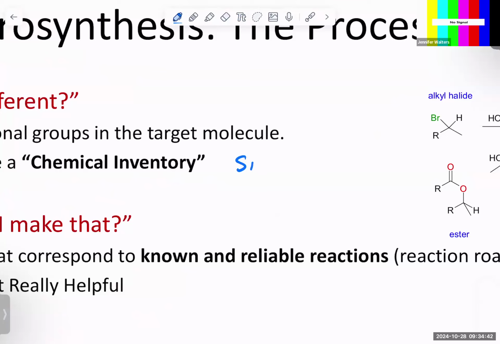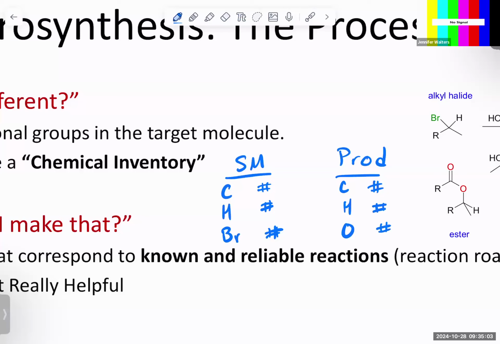I'm going to do my starting material and my product and ask, what elements do I have? So I have carbon, hydrogen, bromine. I have carbon, hydrogen, oxygen. And I have, I don't know, whatever the numbers are. I can't think of reasonable numbers.